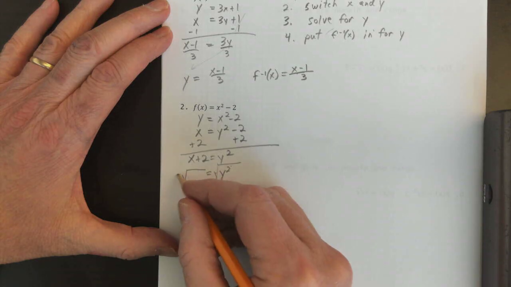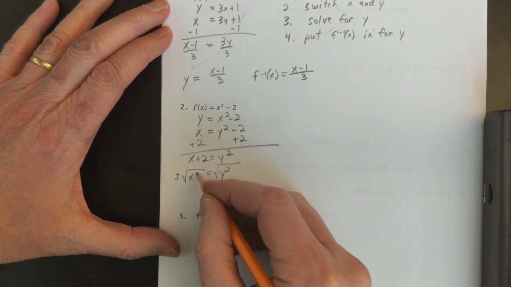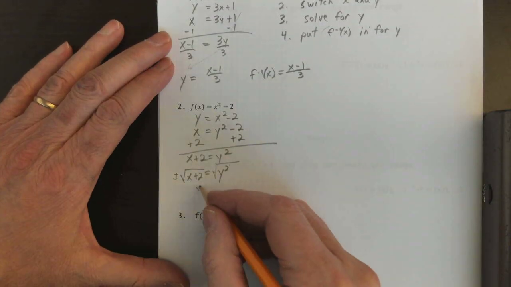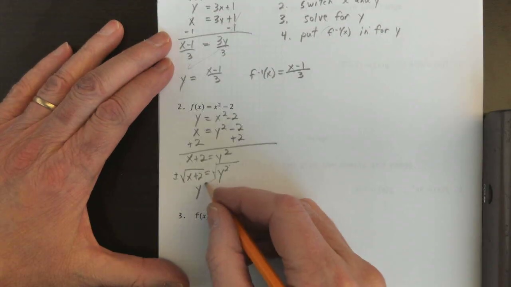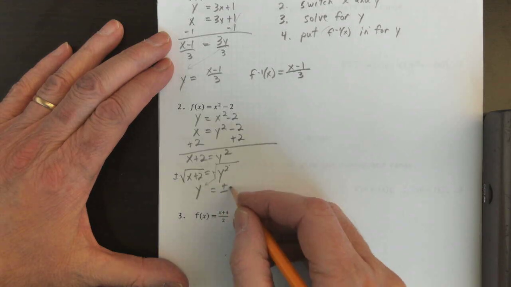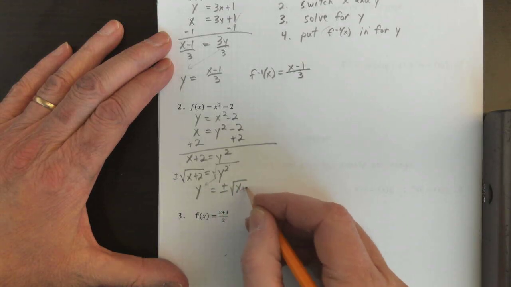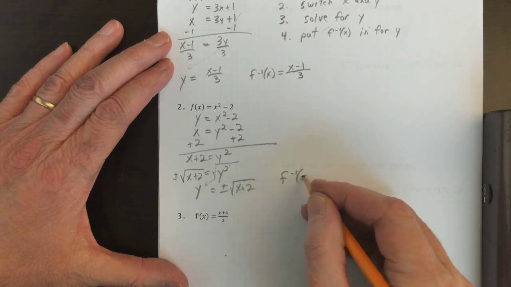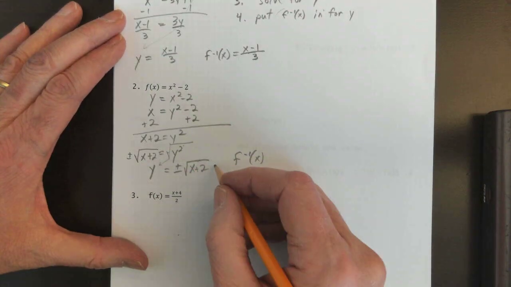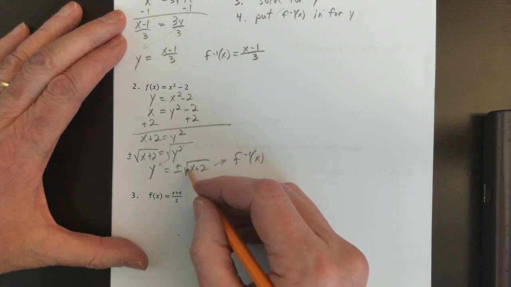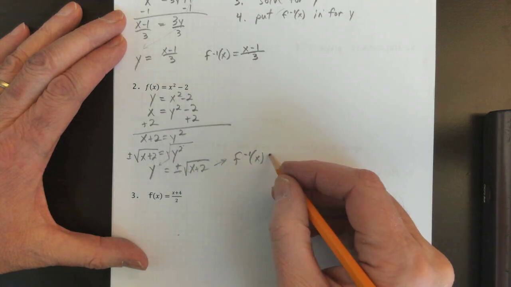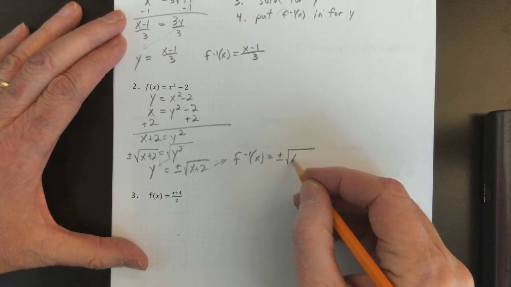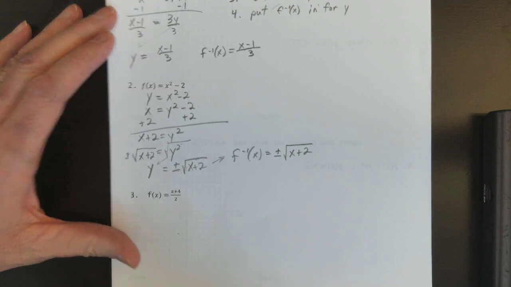And when I take the square root, I have a positive and a negative square root of x plus 2. So y equals plus or minus the square root of x plus 2. I'm going to go ahead and write that notation, although I'm not crazy about that notation for this problem, because this is not an inverse function. This is two separate functions. You have a positive square root of x plus 2, and you have a negative square root of x plus 2.